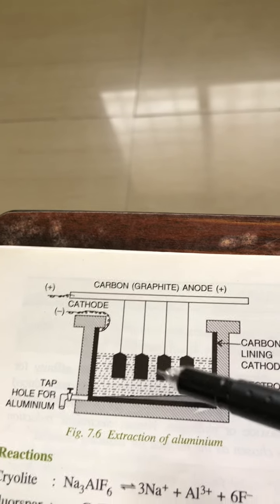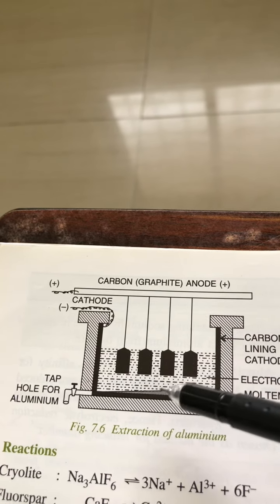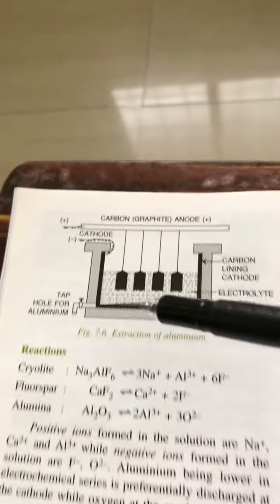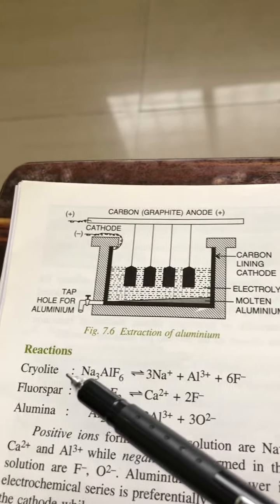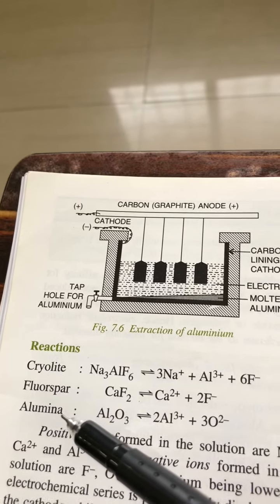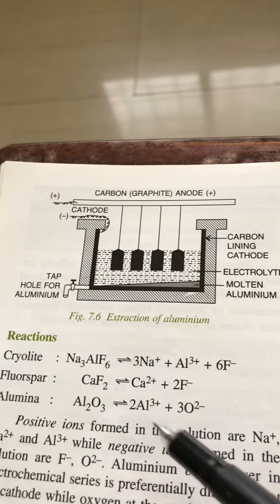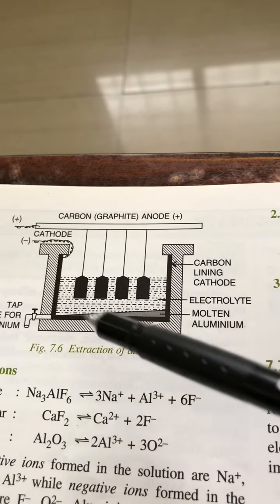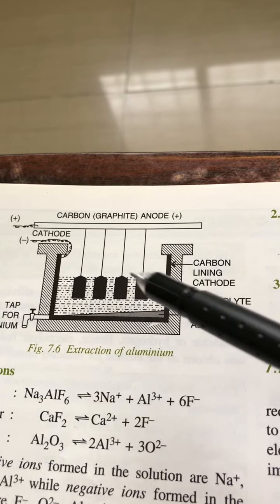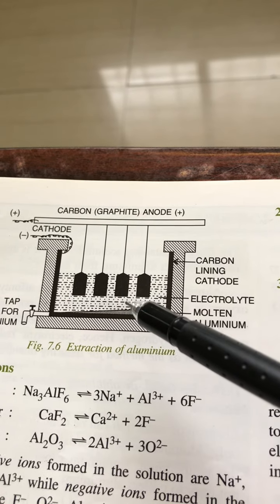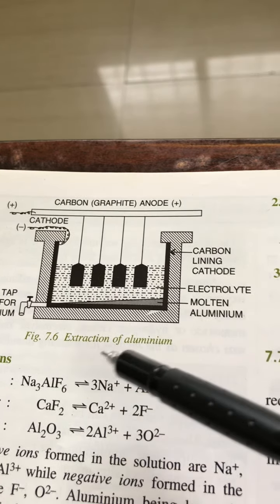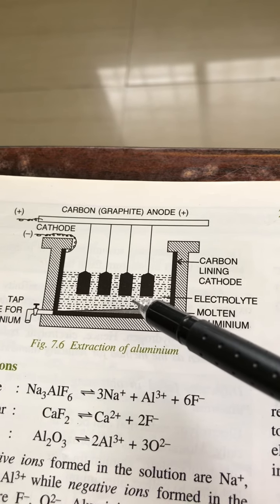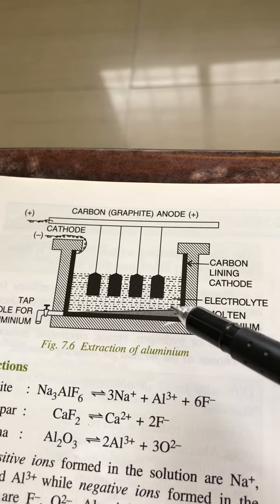By this time you all have an idea about the electrolyte we use. Once again, I'll go through this. What is the electrolyte you use? Cryolite, fluorspar and alumina. These are the respective ions which will come out of that. Now, on passing the current, this electrolyte has these many ions, and from these ions aluminium starts moving towards where?